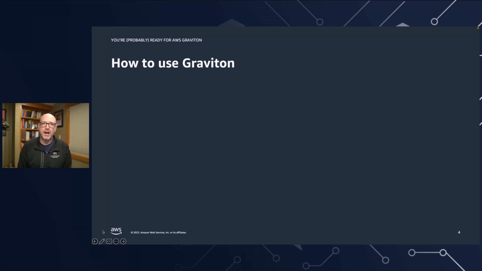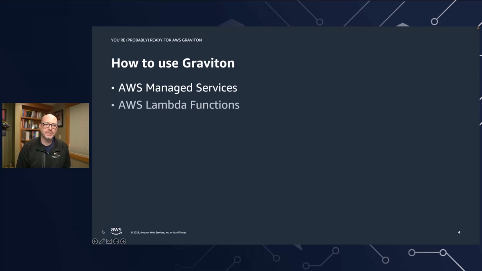So let's talk about how you can take advantage of Graviton starting today. There are many different ways to use Graviton. Number one is through AWS managed services, and I'll talk a little bit about that on the next slide. Number two is by taking advantage of AWS Lambda functions.